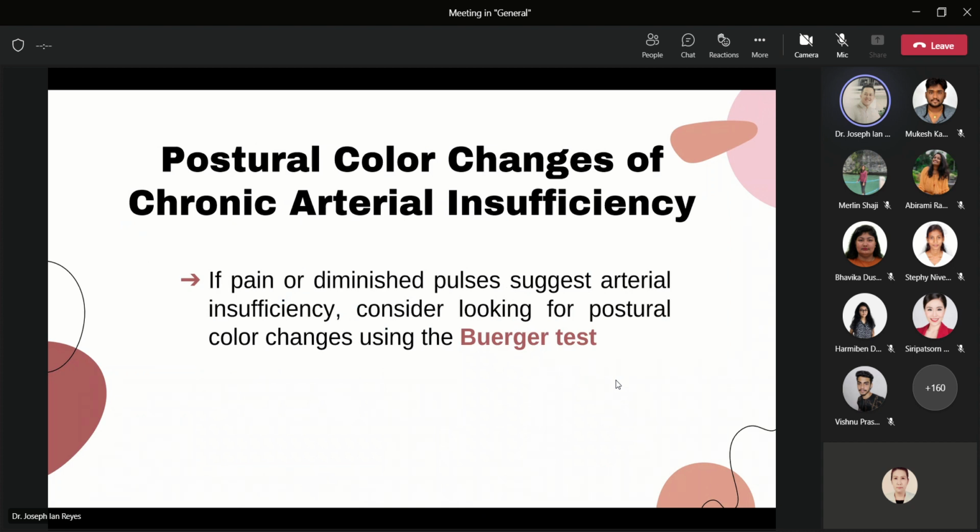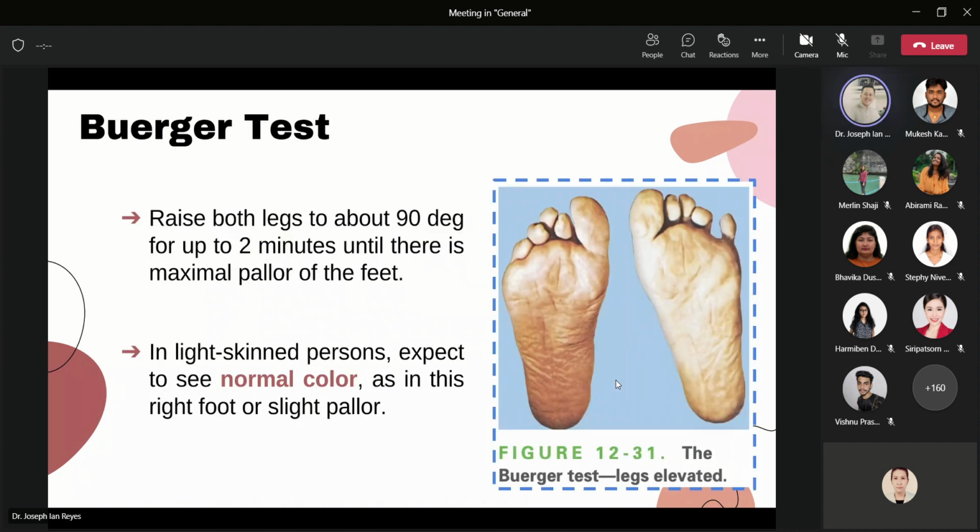Then postural changes of chronic arterial insufficiency. So Buerger's test. Raise both legs 90 degrees for 2 minutes until there is maximal pallor in the feet. Then light skinned persons will have normal color, and you check for discrepancies.